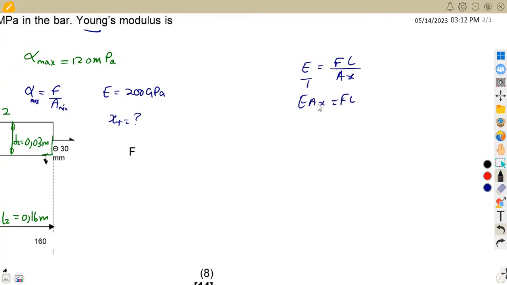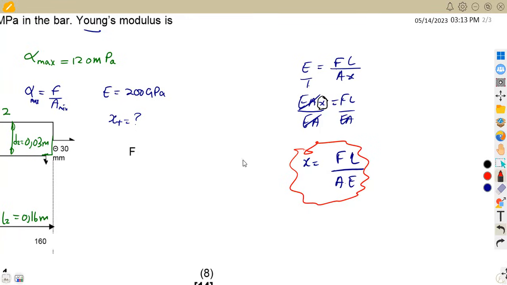Remember, we want to make the extension x the subject, so we divide by area times E, or EA. This gives us the extension, which is force times length over E times A, the area times Young's modulus. This formula can be used to calculate any part of an extension.